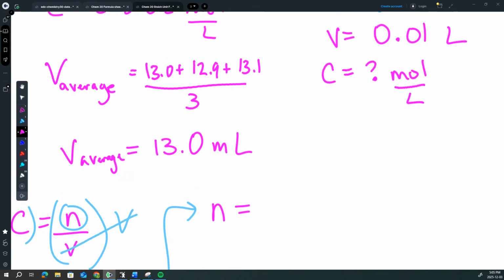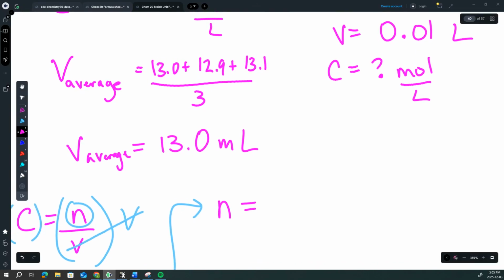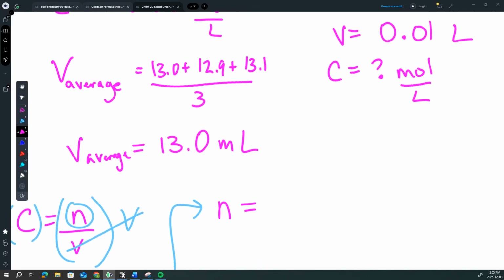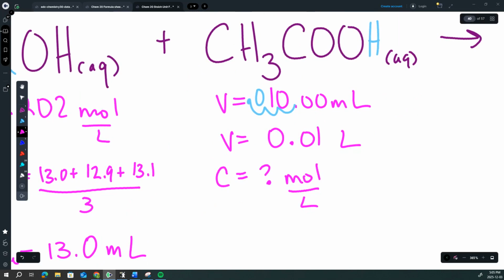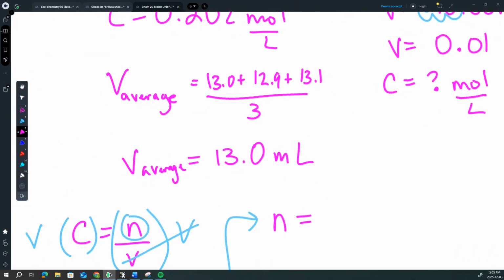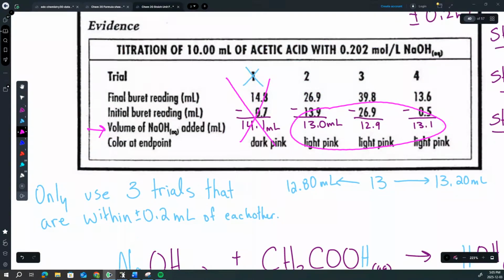All right, so with this, one thing that we need to be mindful of, which I was mindful of here but not over here, is that our units for volume is milliliters. How I know that for sure is because that's what the question tells us. It's all in milliliters.